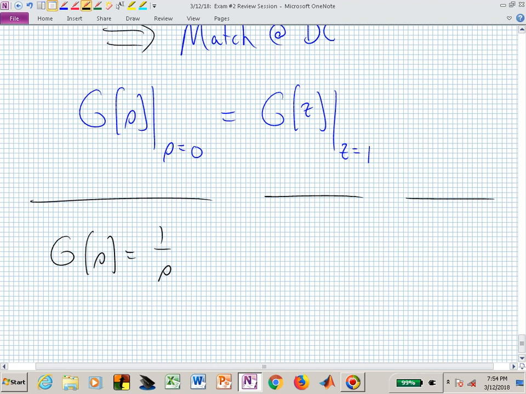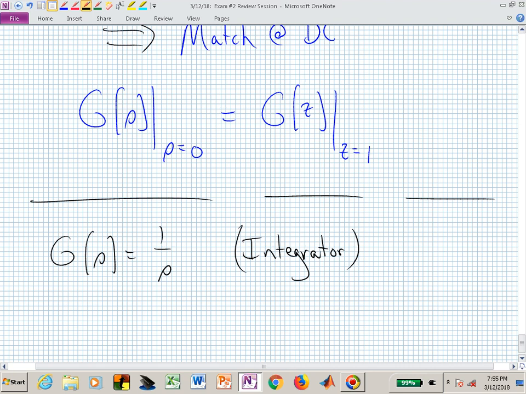What's its gain at DC? Is it bounded? Does this have a bounded gain at DC? What happens if you put in a constant to an integrator? You put in a constant to an integrator, what's the output going to do?